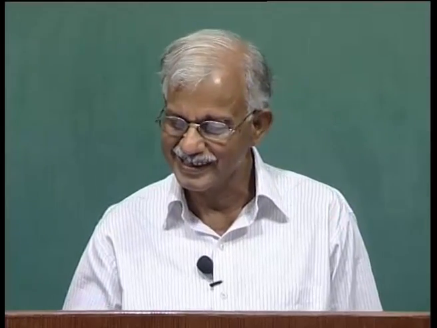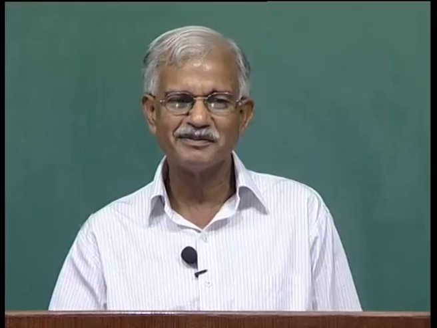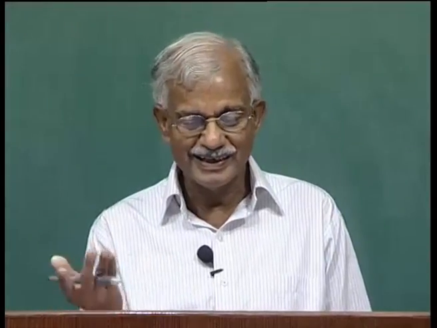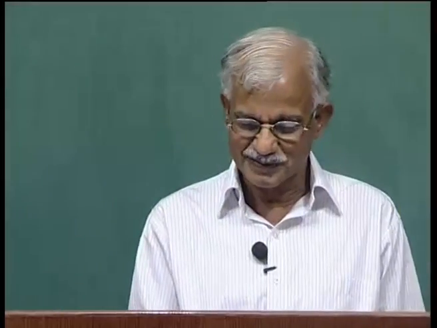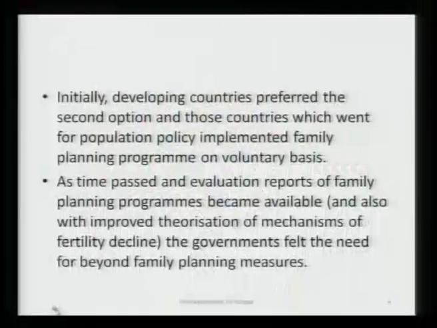And if you produce a third baby, then you can be sent behind bars, you are imprisoned. But in India, in a democratic setup like ours, we cannot do that. Indian political parties have learned that even the indication of coercion in family planning is enough to bring about a change in the regimes. Now, initially developing countries preferred the second option, meaning beyond family planning.